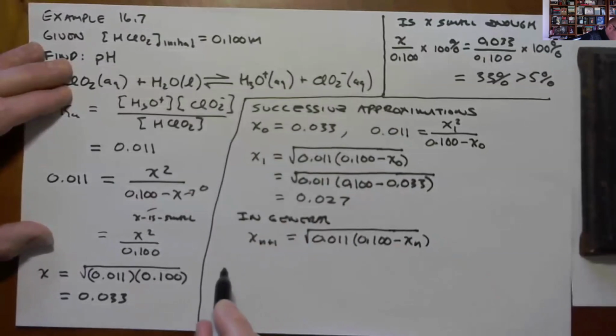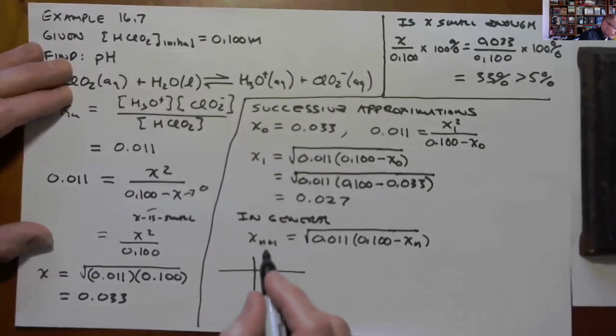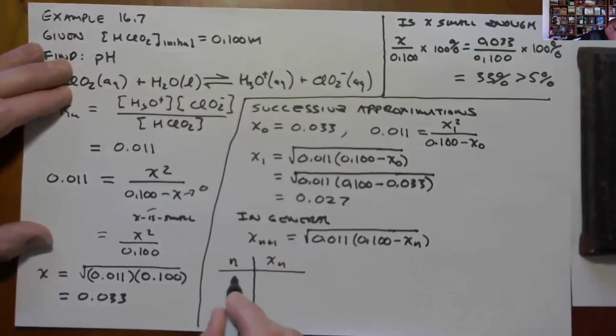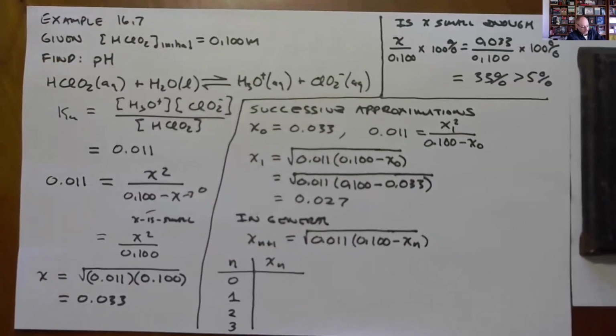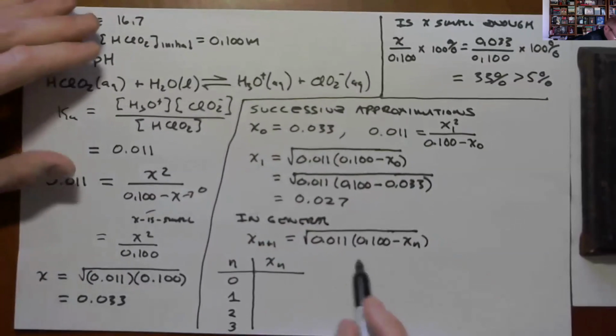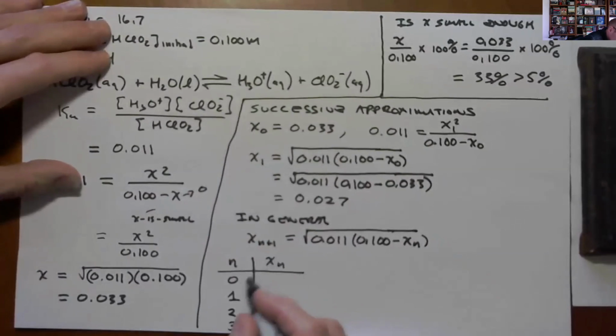And so now if I make up a little table, I'm just summarizing calculations that I've already done. So this is n and this is Xn, so n equals 0, 1. This table, I might have to do it another time. All right, so let's just go through this.